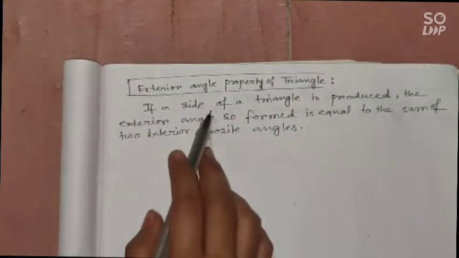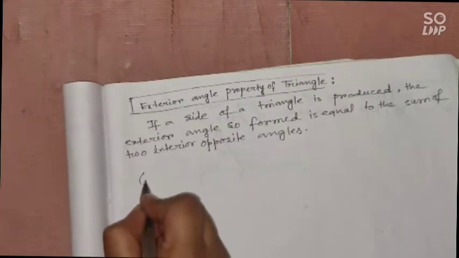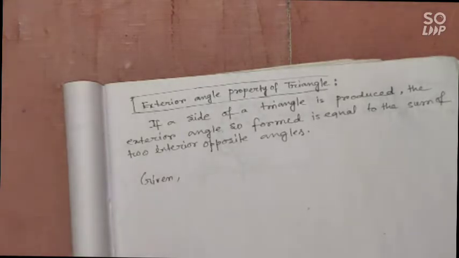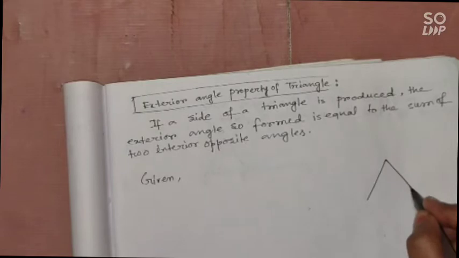To prove any theorem or property, first of all you need to write what is given. Given: first we draw a triangle.